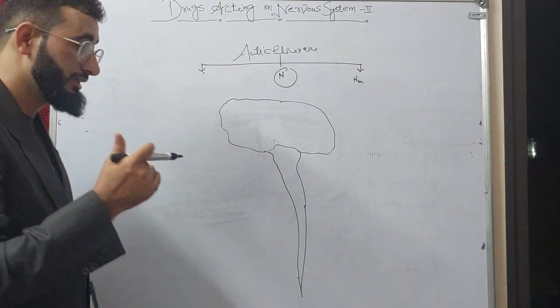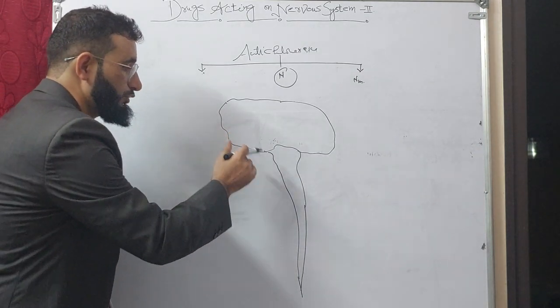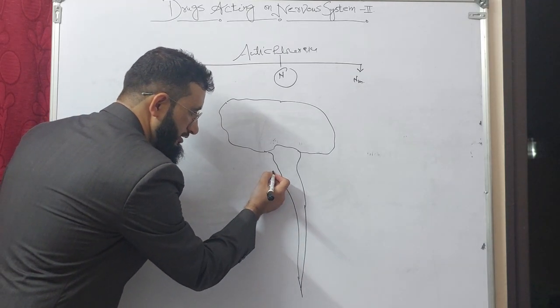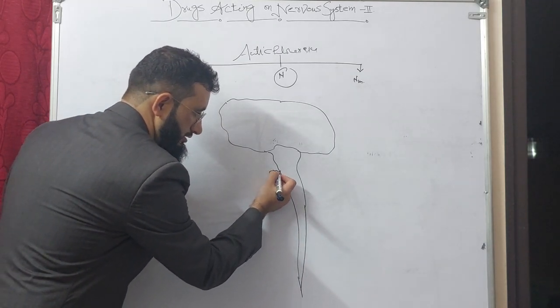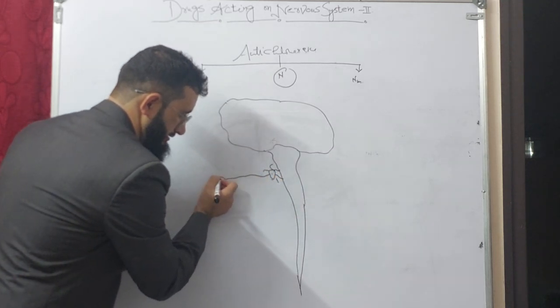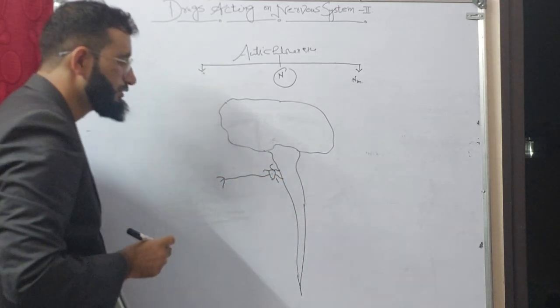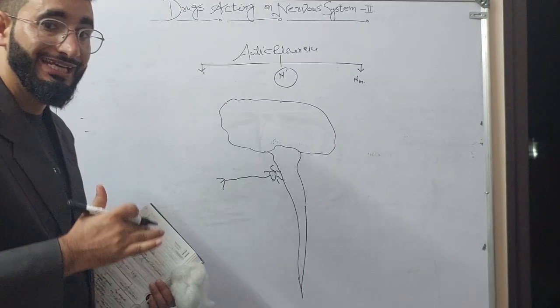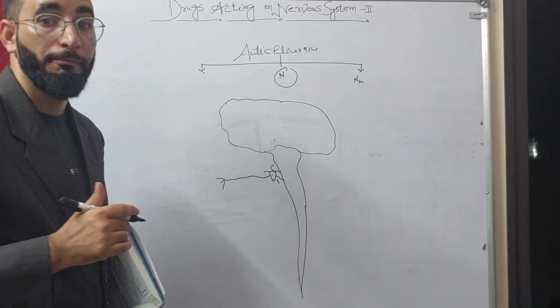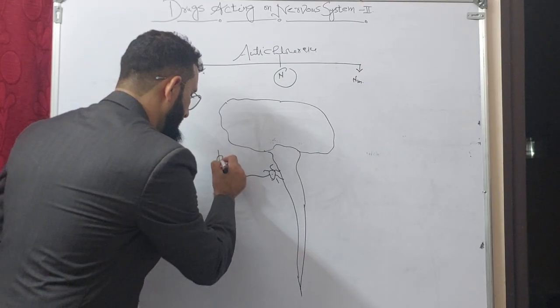So the nerve fibers which originate from the brain or spinal cord, for example, one of the nerves originates here. This is the dendron, okay, this is the axon. This nerve fiber which originates from the central nervous system is called the preganglionic nerve fiber.